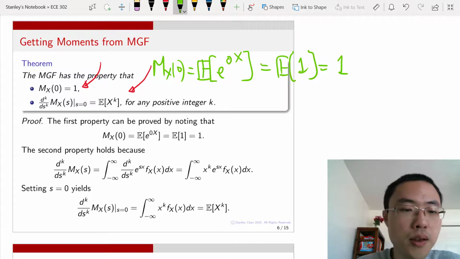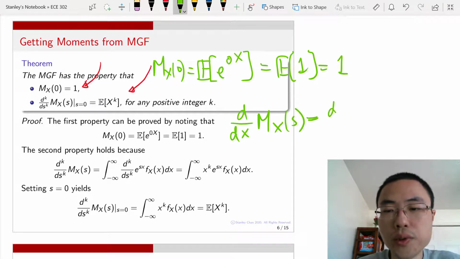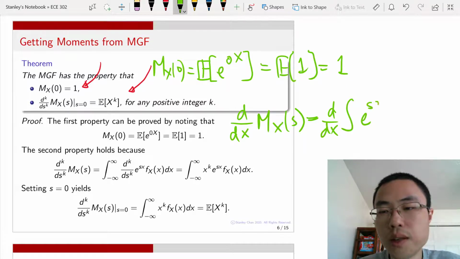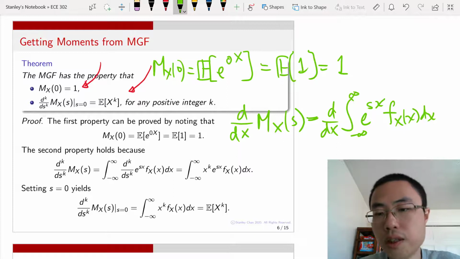The second property, which is here, can be shown as follows. So you can take the derivative. Let's just do one, okay? So you have M_X of s. This will give you d/ds, and then you have the integration of e to the power sx, f_X of x dx from minus infinity to infinity.